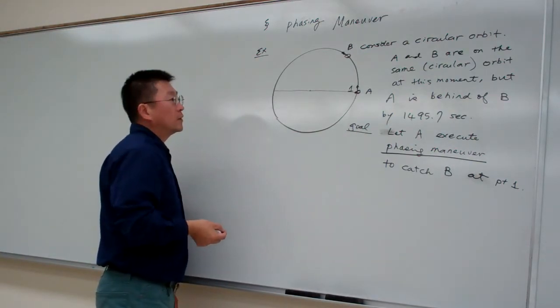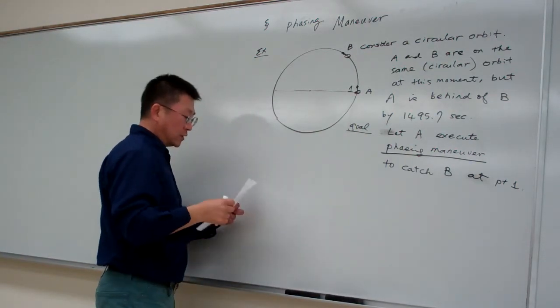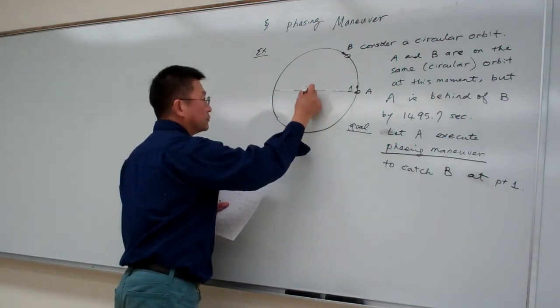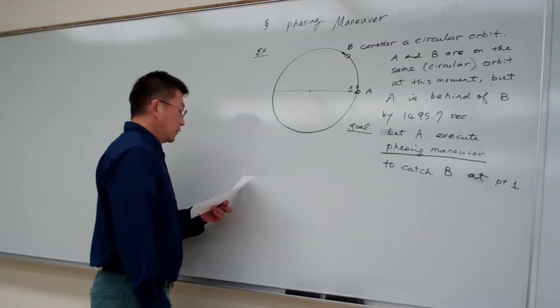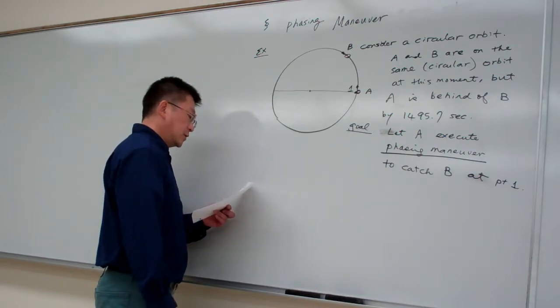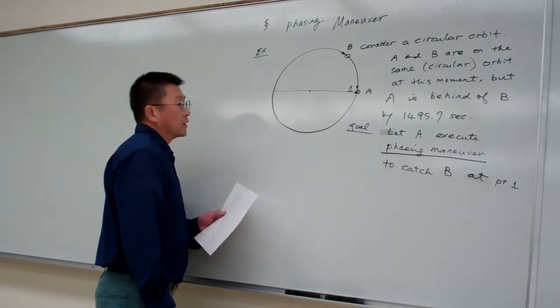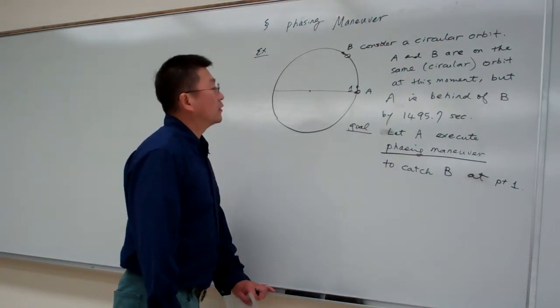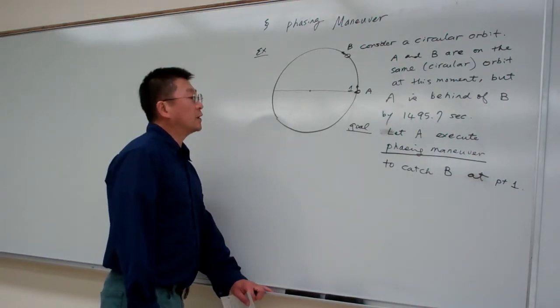Okay, so from here you know this is a circular orbit. Let me give you the numbers here. If this is the circular orbit, okay, this can be the circular orbit.